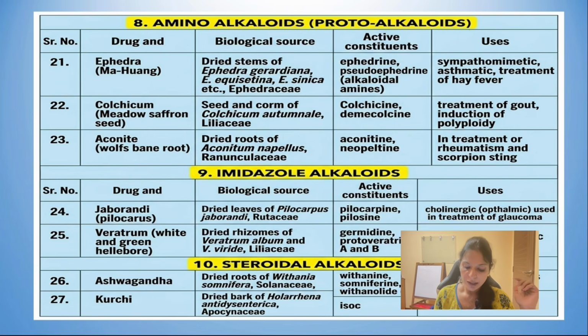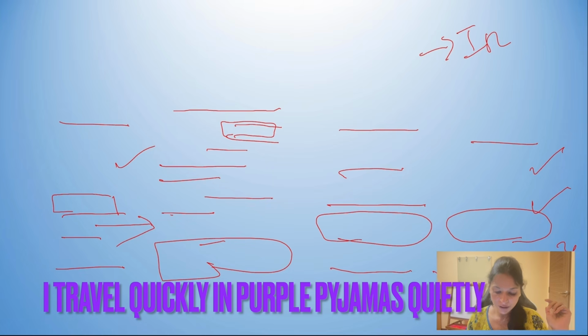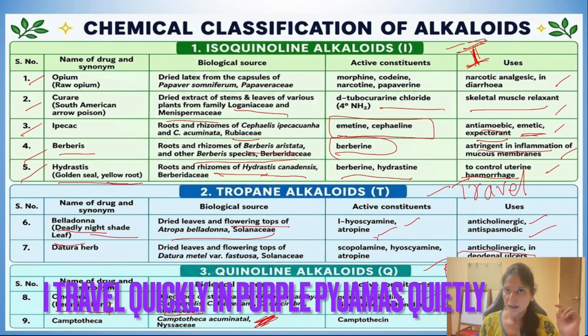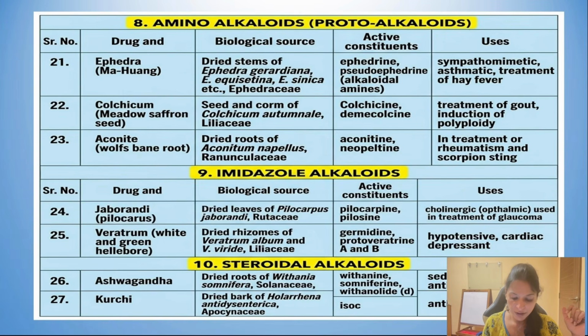And coming to amino alkaloids, the last three classes of our chemical classification. Amino alkaloids are also known as the proto-alkaloids. The best examples here are ephedra, whose other name, mahuang, is very important, and colchicum, whose other name, meadow saffron seed, is also very, very important.